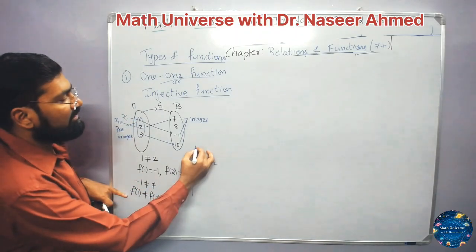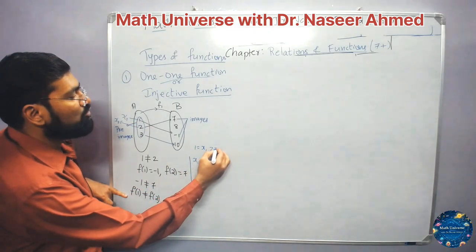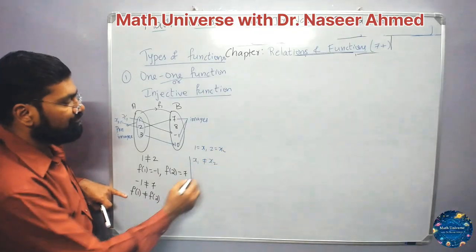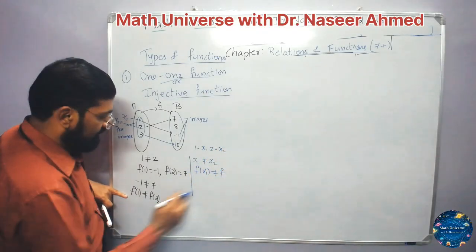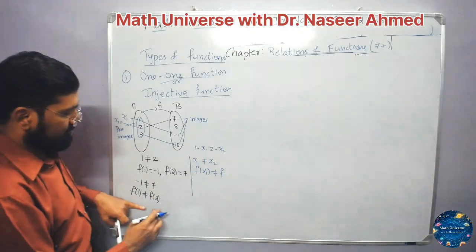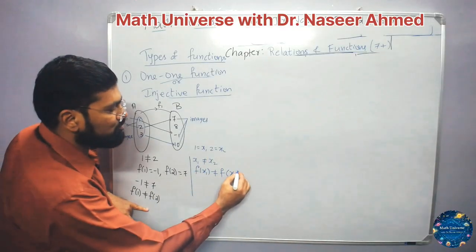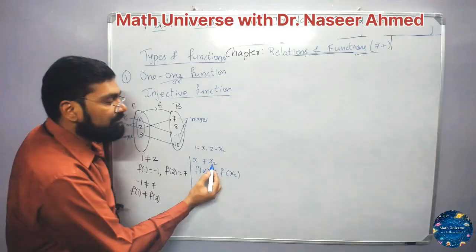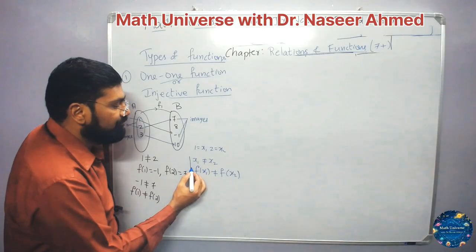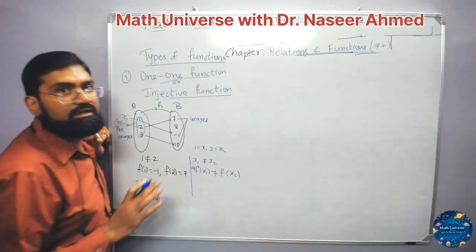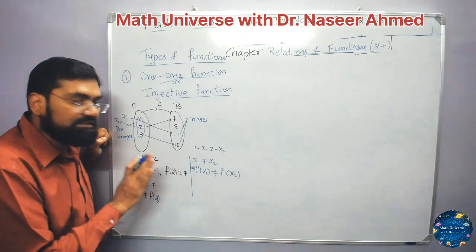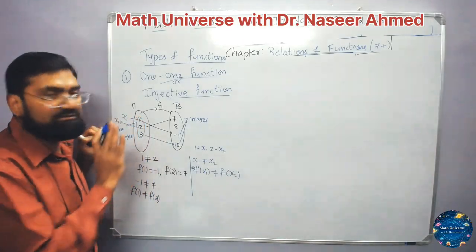I have taken 1 as x1 and 2 as x2, so f of x1 is not equal to f of x2. If pre-images are not equal, this implies their images are not equal. This is the definition of a one-one function.